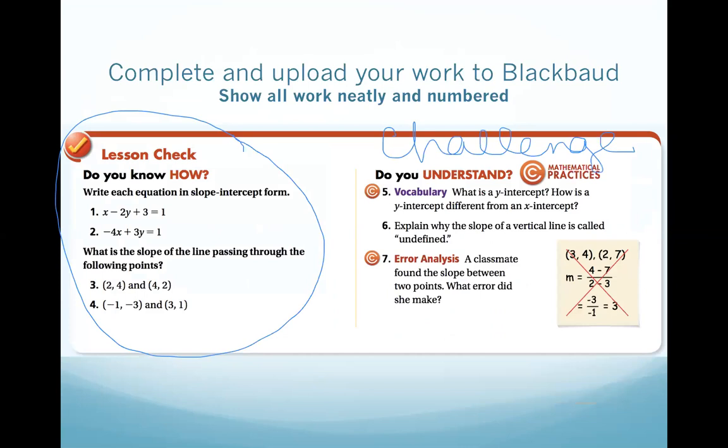If you feel like you know this section, this is all review, then I'd like you to try to challenge yourself with the do you understand questions, especially with that error analysis. What went wrong with the error analysis? Okay, so I'm looking for number 1 through 4 from everybody. And if you feel like this was a review, try number 5 through 7.